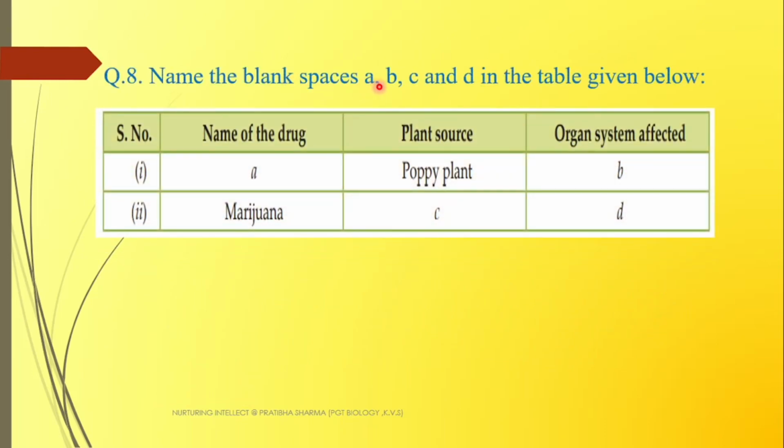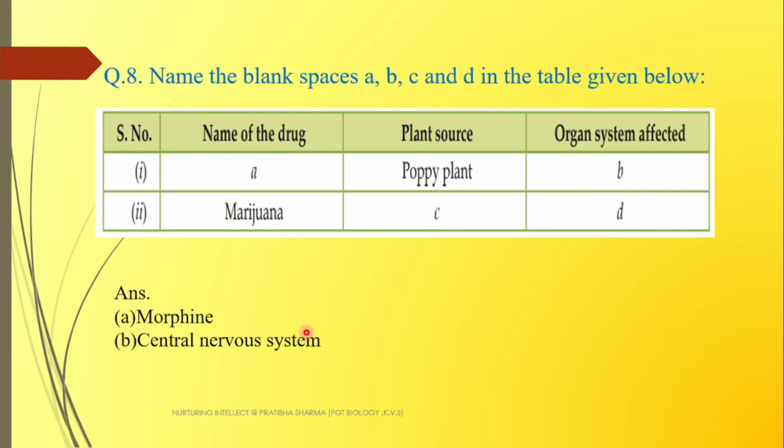Name the blank spaces A, B, C and D in the table given below. So the first column is asking for the name of the drug, the second the plant source, and the third the organ system affected. So here the plant source given is the poppy plant. From the poppy plant we are getting opioids like morphine, codeine, and the organ system affected is the central nervous system.